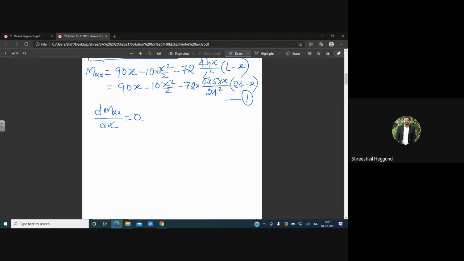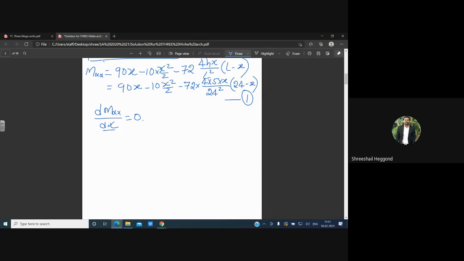After derivation, differentiate with respect to x the Mx equation that is already written at the top, that is equation number 1. 90x can be written as, differentiation of 90x is how much?